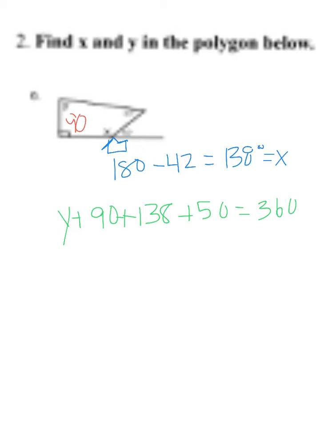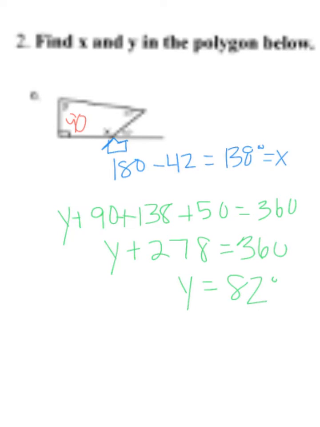I'm using 360 because the interior angles in a quadrilateral always add up to 360 degrees. When I combine my like terms, we get that y plus 278 is equal to 360. And if we subtract 278 from both sides, we get y is equal to 82 degrees.